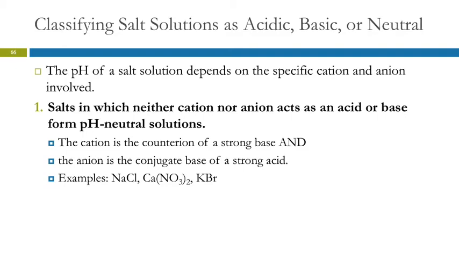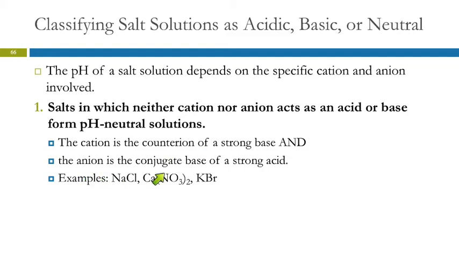So if we look at salt solutions, the pH of the salt solution is going to depend on the specific cation and anion that are involved. So if you have salts where neither ion acts as an acid or a base, then you're going to have a pH neutral solution. So this is going to happen when the cation is a counterion of a strong base.